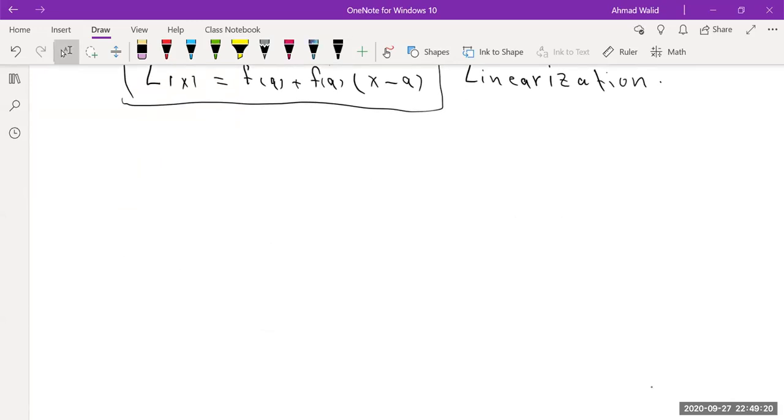Now let's do an example. In this example, you will learn more about the meaning, why we are doing this. Example number 1, I'll copy this example from your book.